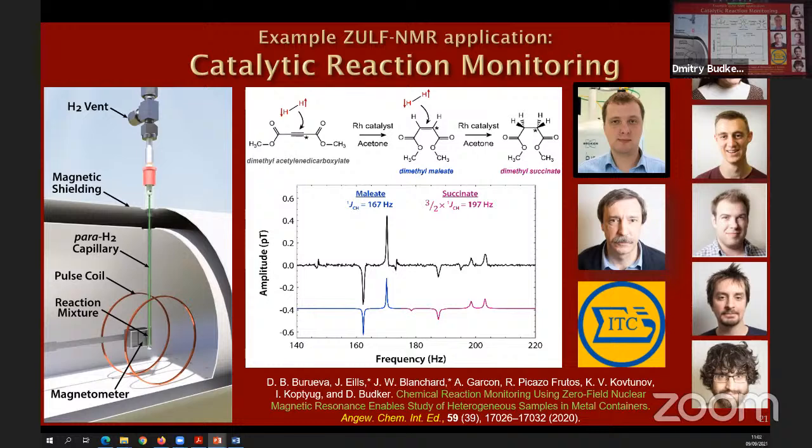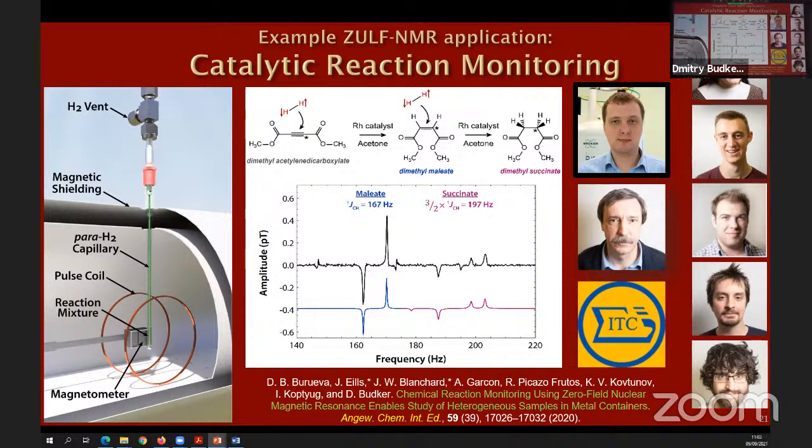chemical reaction. So here it's kind of similar chemistry to what I showed you with maleate. So we start with a precursor, and then we have a reaction here, and this now is happening in zero field. The catalyst is mixed in the solution.